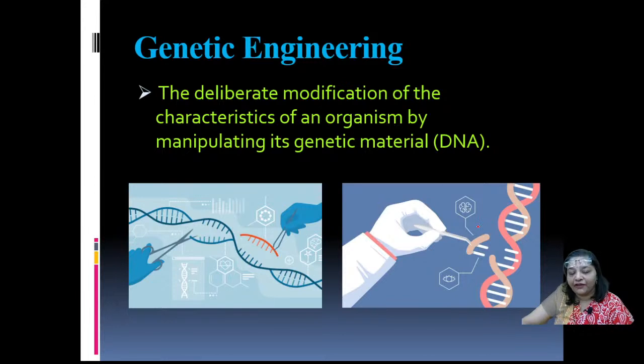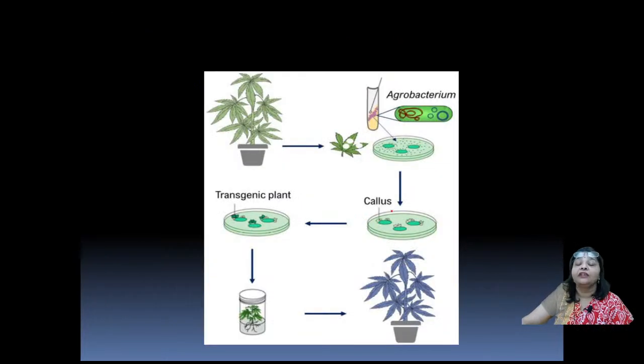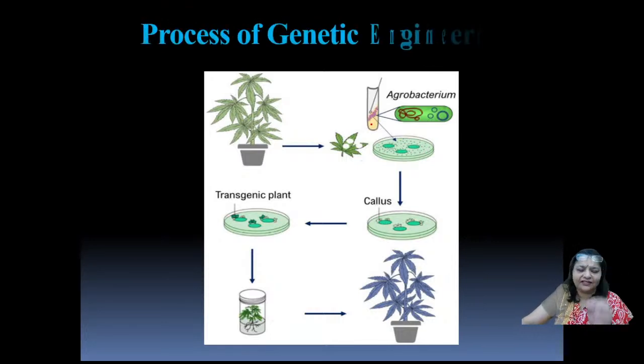And that is how a small change in a small part of the DNA, which we call a fragment of DNA, called a gene, matters. If even a single gene is manipulated, then the whole organism may show some different characteristic other than the natural one. So that process is genetic engineering. Let us see the process of genetic engineering in short.